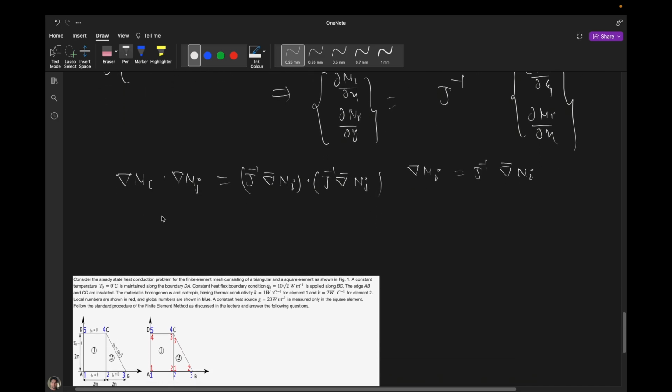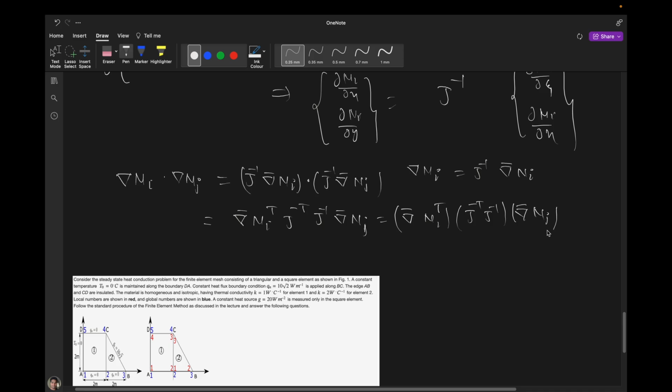Okay. And if I want to write in the matrix form, then what can I write? I can write del bar n_i transpose J inverse transpose, and J inverse del bar n_j, or del bar n_i transpose into J inverse transpose J inverse and del bar n_j.